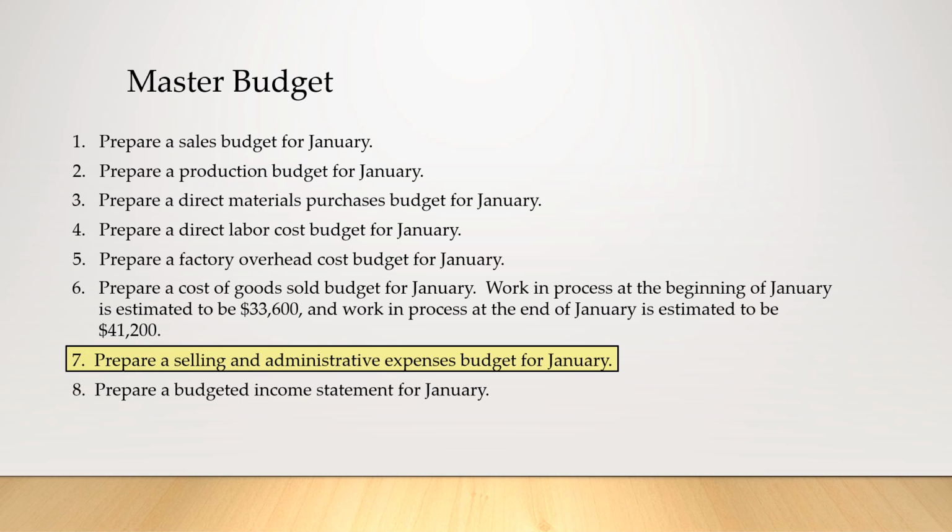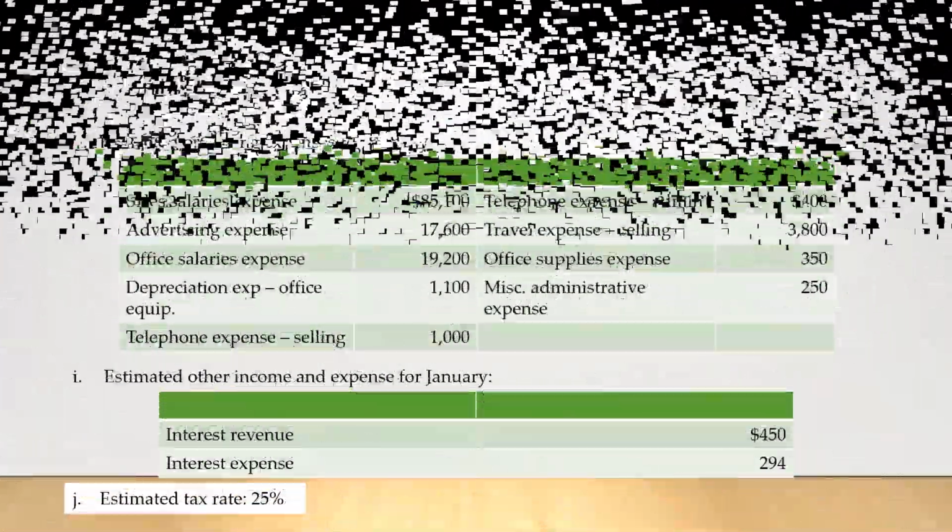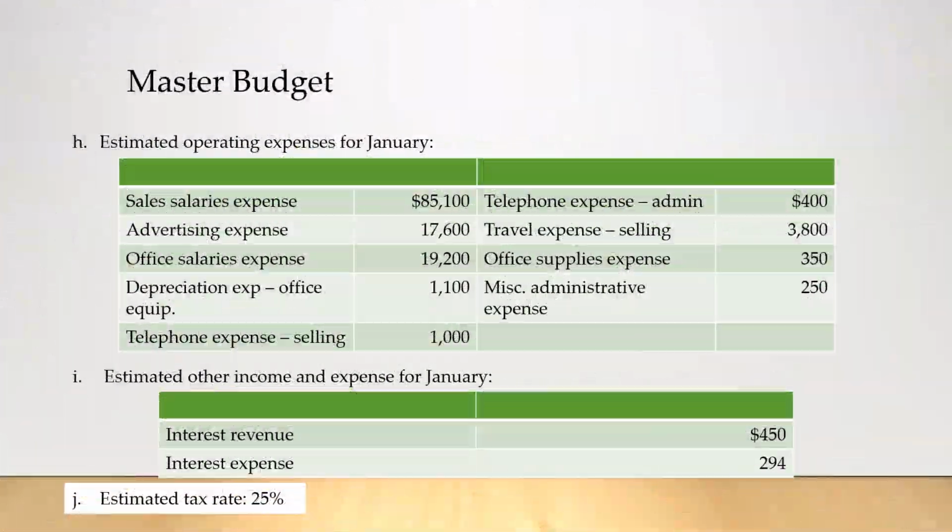Number 7. Prepare a selling and administrative expenses budget for January. This budget is extremely straightforward.